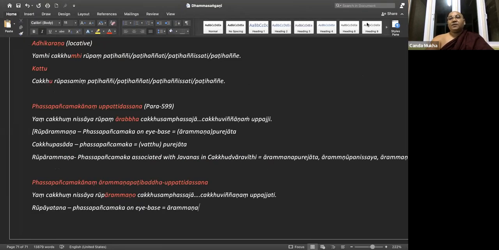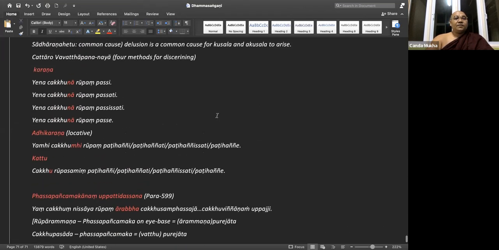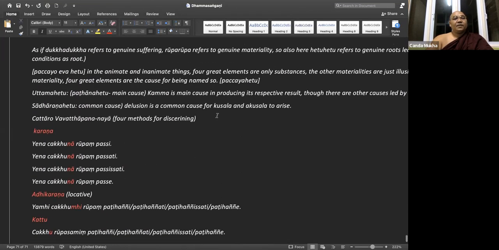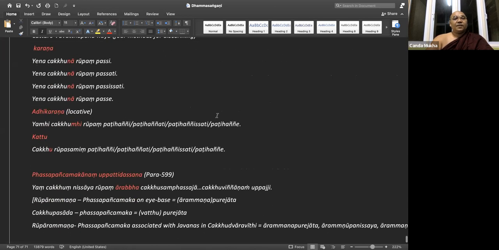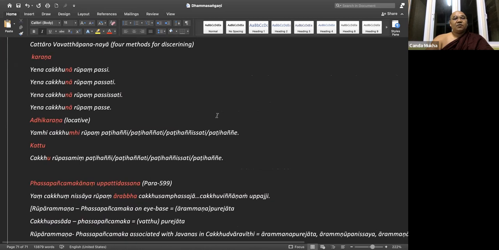I made a mark here on this one. So this one is the "cattāro vavatthāpanāya", four methods for discerning. One is passi, passati, passissati, and passe.